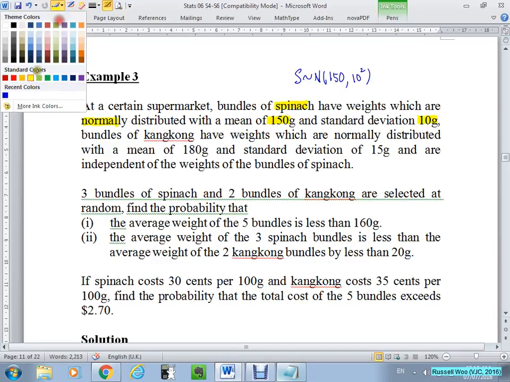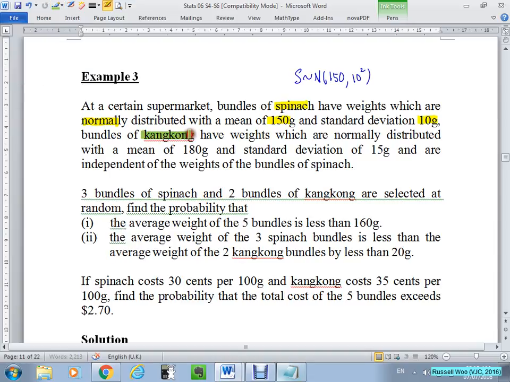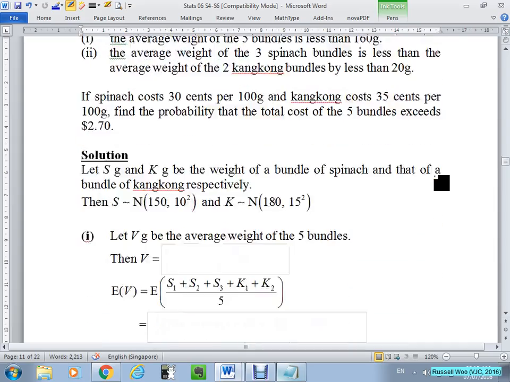Alright? Then you say, oh, kangkong, green color. Spinach is not green color, but never mind. 180 and 15. So I'll say, oh, kangkong. Kangkong is K. K follow a normal distribution, 180, 15 squared. That's why this thing becomes important, right? Your definition.